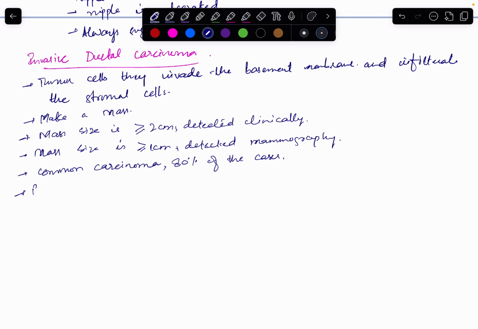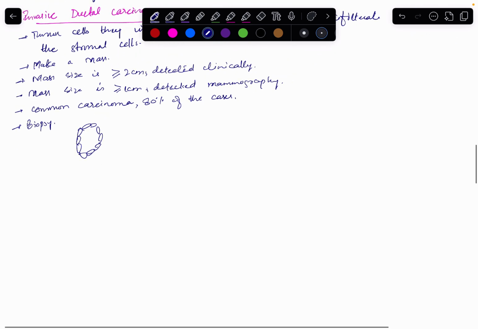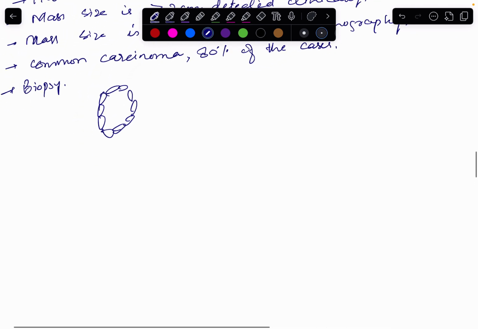If you do the biopsy of invasive ductal carcinoma, you are going to see that the tumor cells form duct-like structures inside the stroma cells.